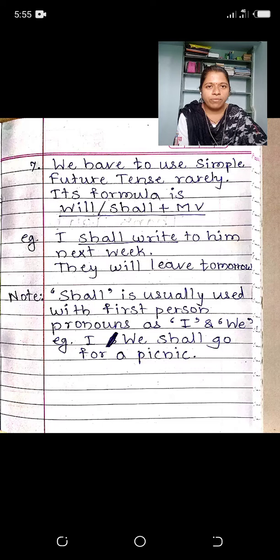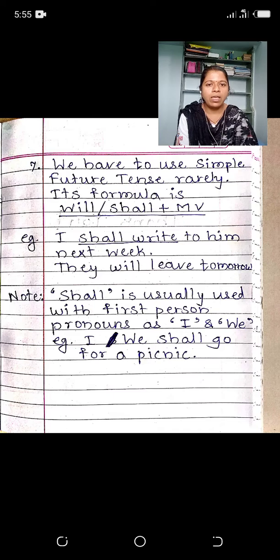Now see, very often people get confused whether to use will or shall in simple future tense. So there is again a simple rule to use. Shall is usually used with the first person pronouns, I and we. I is the first person singular pronoun. We is the first person plural pronoun. And when in the sentence there are I or we as the subjects, you can usually use shall.